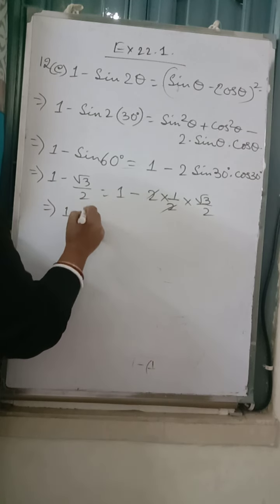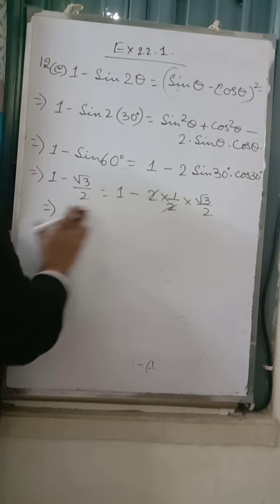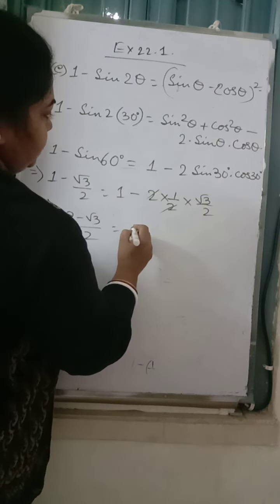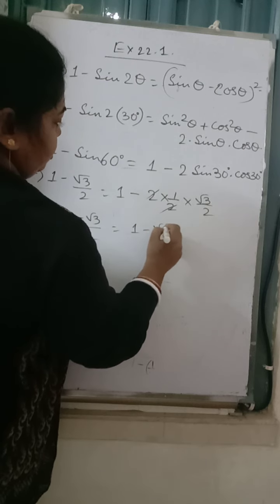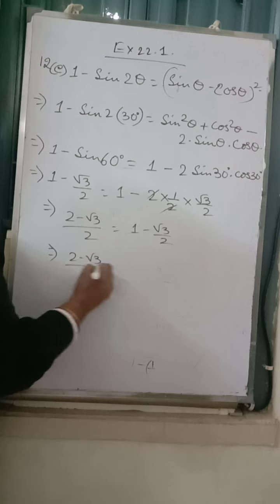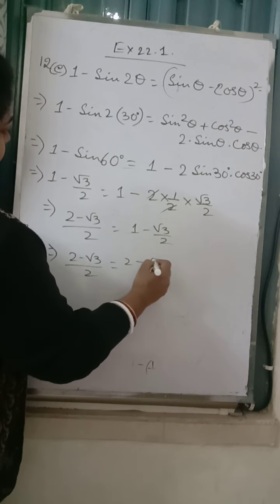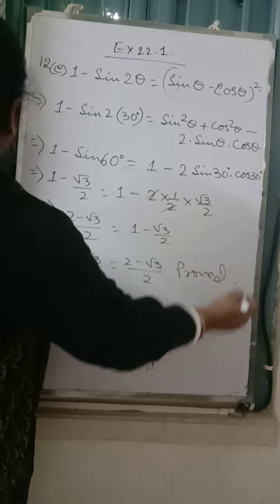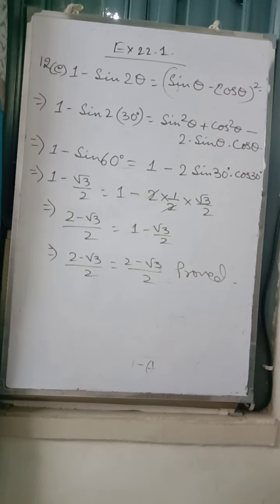So 1 minus root 3 by 2, or you can write it 2 minus root 3 by 2, is equal to 2 minus root 3 by 2. Proved. So up to 12 you have to finish it.